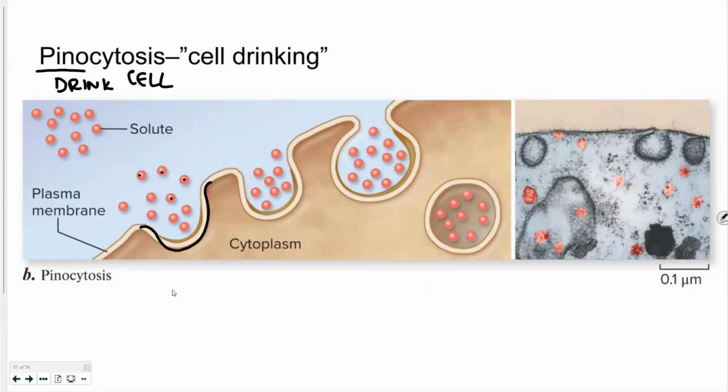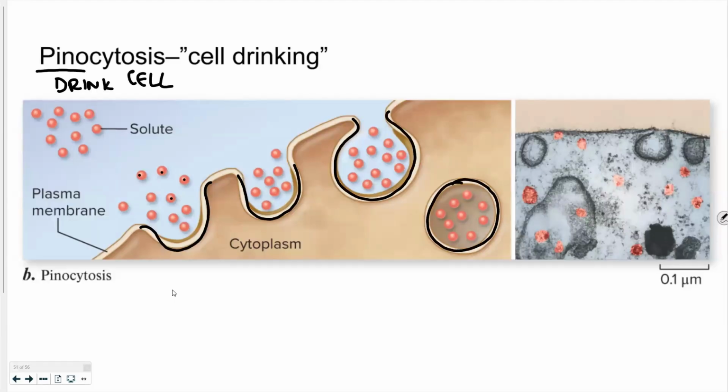We're going to fold in that plasma membrane and we're just invaginating this more and more until boop, finally that is trapped. So the function of pinocytosis is thought to be sampling the solutes in the extracellular matrix. So like what kind of solutes are out there?